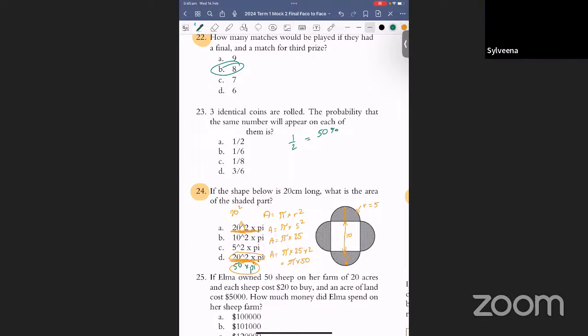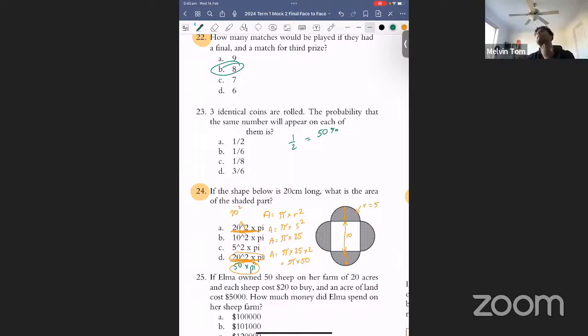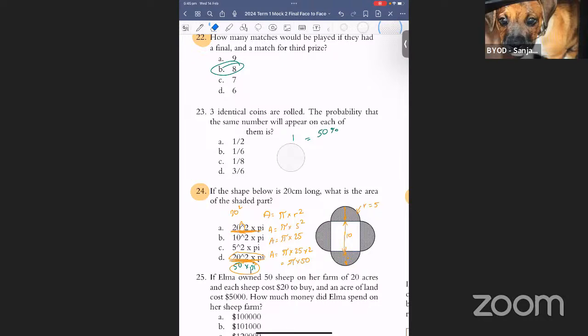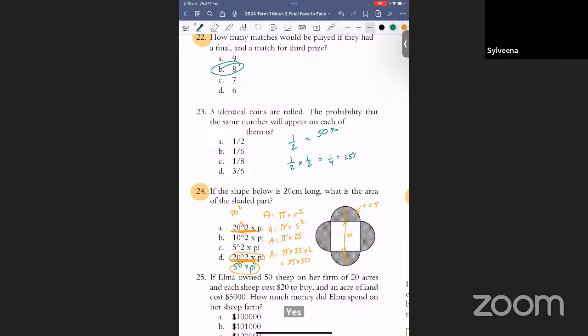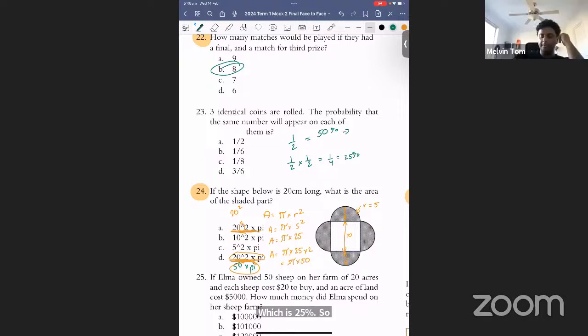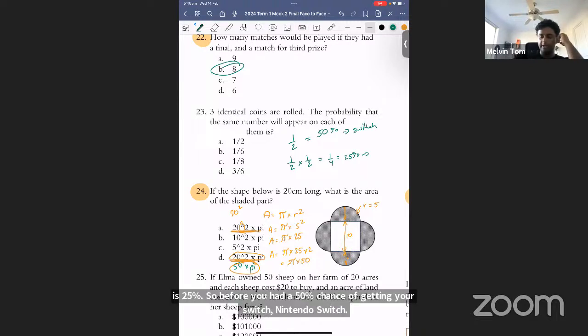Yes. But now I say, Silvina, I want you to make 2 heads in a row. Do you have a higher or lower probability than before? Lower. And you can see that when we say 1/2 multiplied by another half, you get 1/4, which is 25%. So before you had a 50% chance of getting your Nintendo Switch, but now you only have 25%.